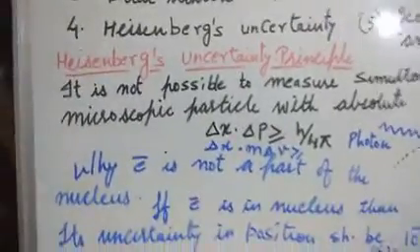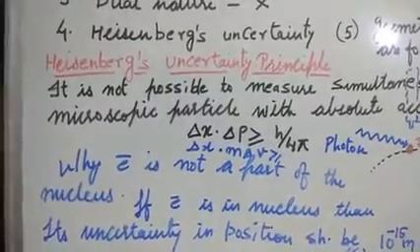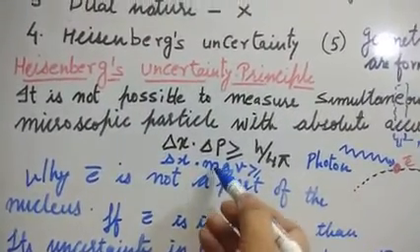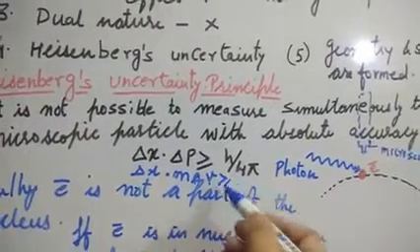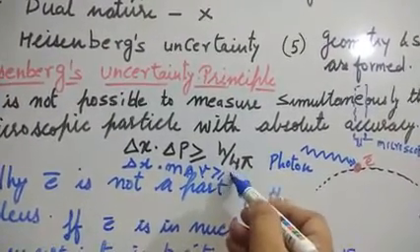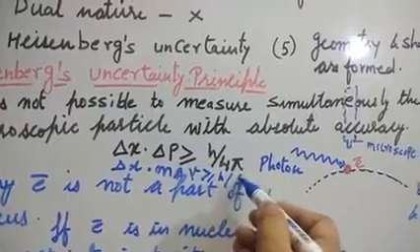The mass of any particle will be constant, so m comes out, and del x into del v, the uncertainty in velocity, will be greater than or equal to h upon 4 pi. Okay, students? So this is Heisenberg's uncertainty principle.